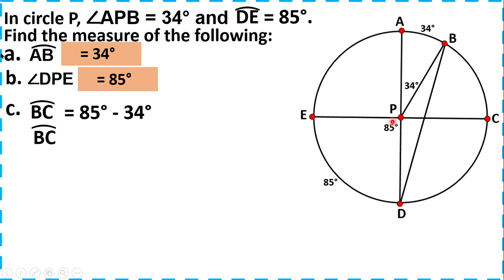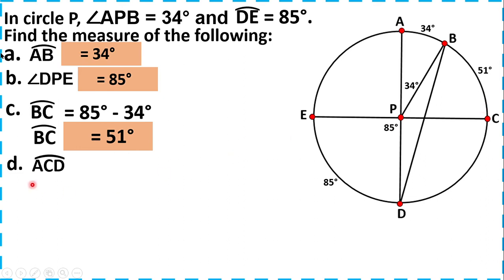So, angle BPC is 51 degrees. So, why 51 degrees? Kasi 85 minus 34, 51 degrees dito yung ating central angle BPC. So, central angle, ibig sabihin yung arc BC ay same lang sa ating central angle. So, arc BC is 51 degrees.